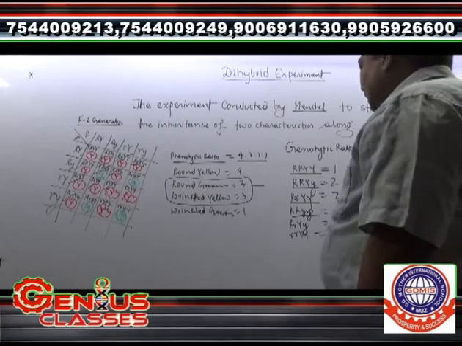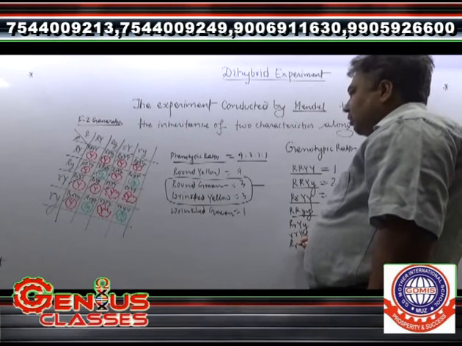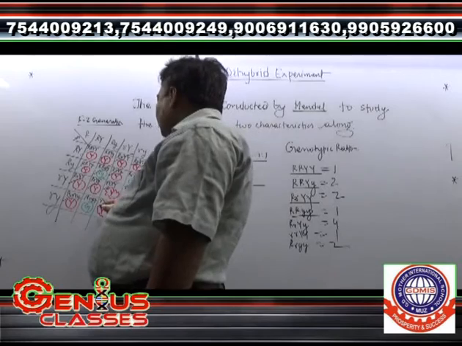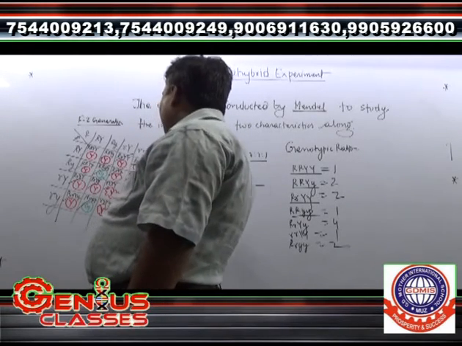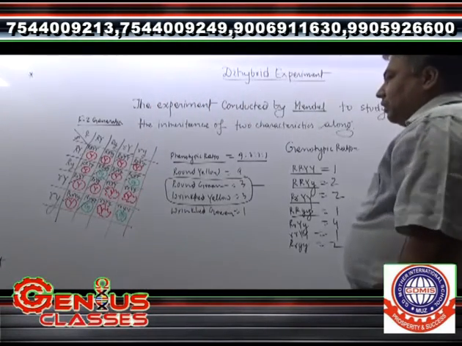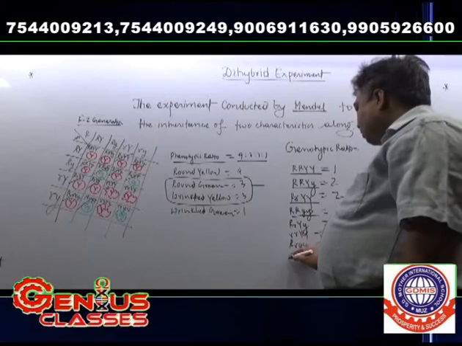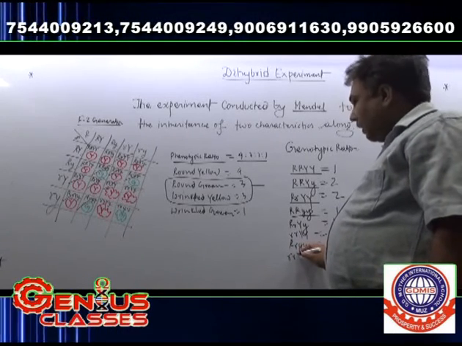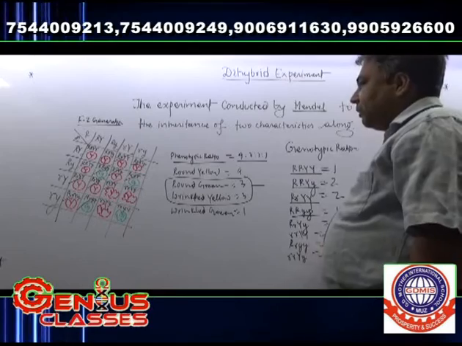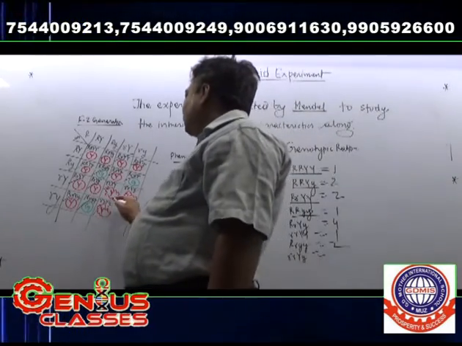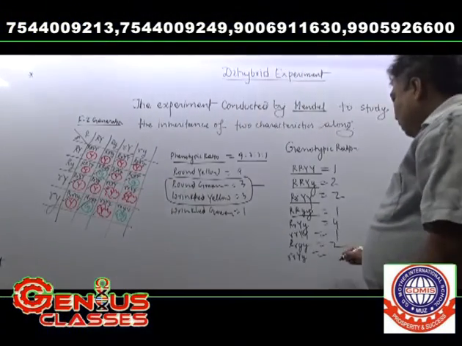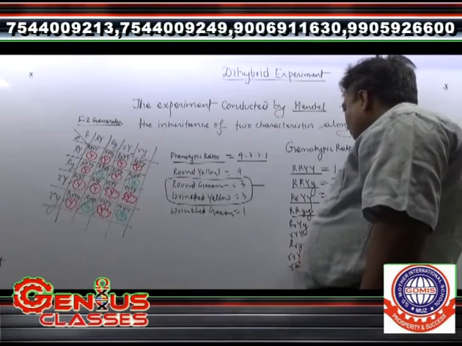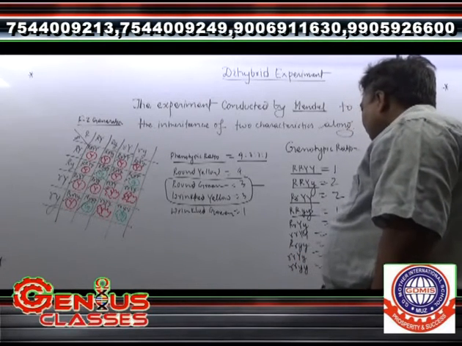Now R capital, R small, Y small, Y small, its number is 2. Then R small, Y capital, Y small. Its number is 2 also. Now R small, Y small, Y small. Its number is 1.